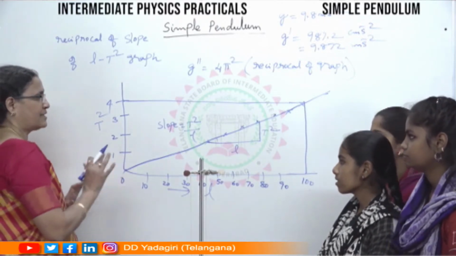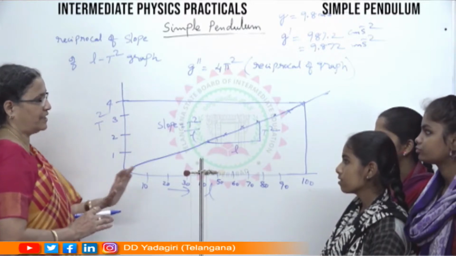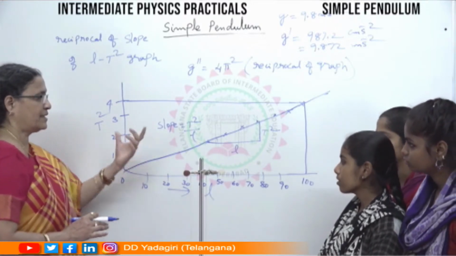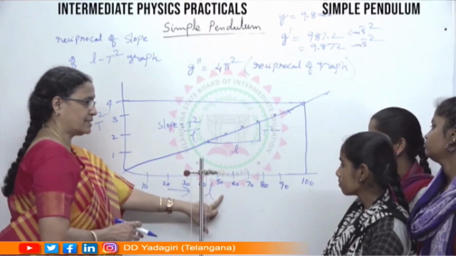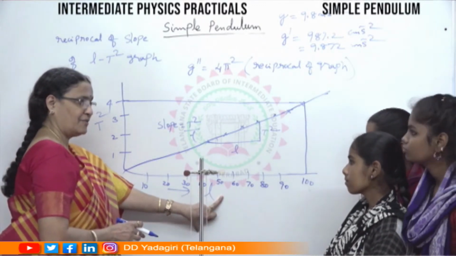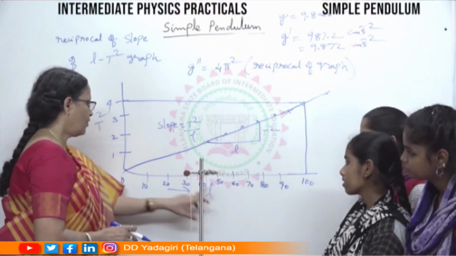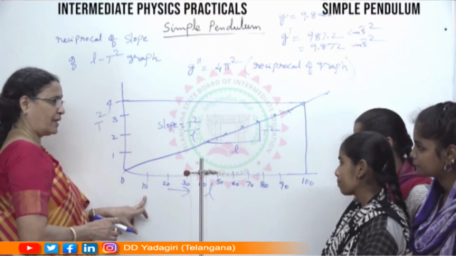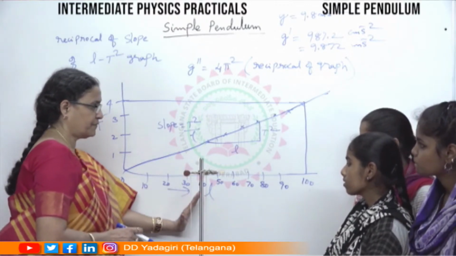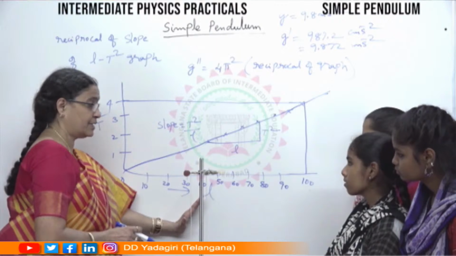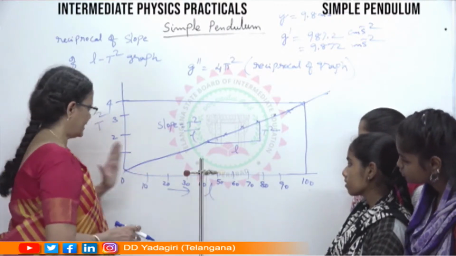So in any graph, you must take the intercepts in a convenient way. Our first reading is, we started with 50. But don't take 50 here. So start from 10, in steps of 10 centimeters on the x-axis.